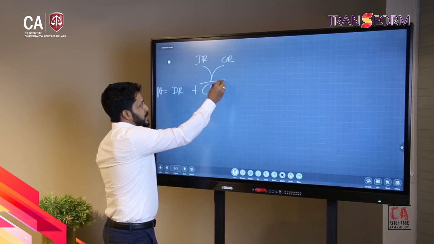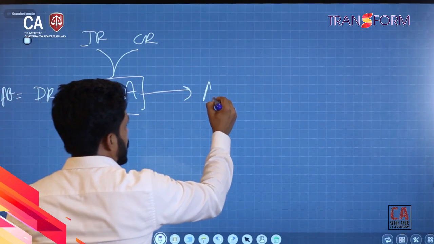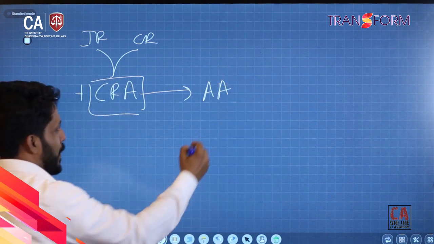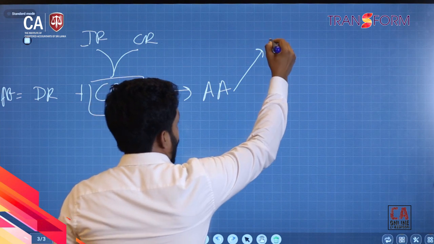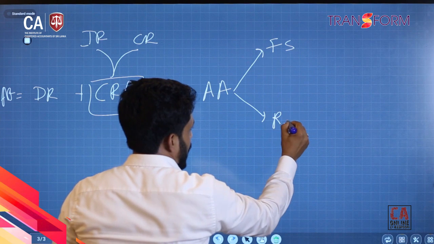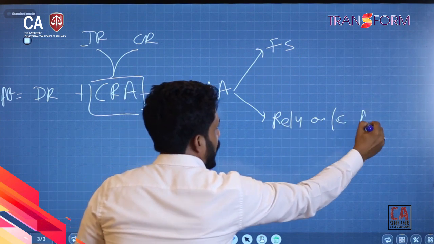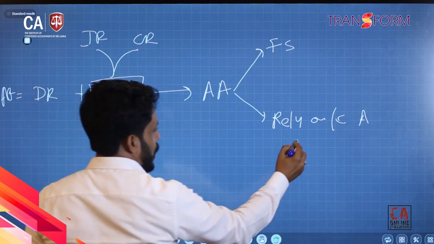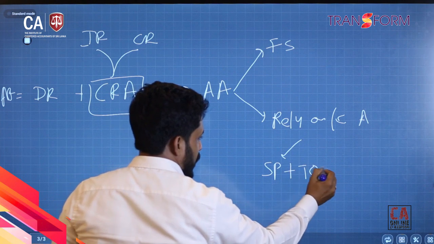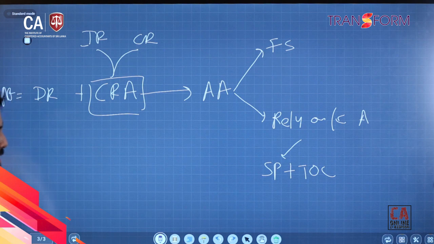So then according to CRA we decide the audit approach, that may be a full substantive approach or a rely on control approach. Rely on control approach, in other words, substantive procedures plus TOC. Basically TOC plus substantive procedures, right?